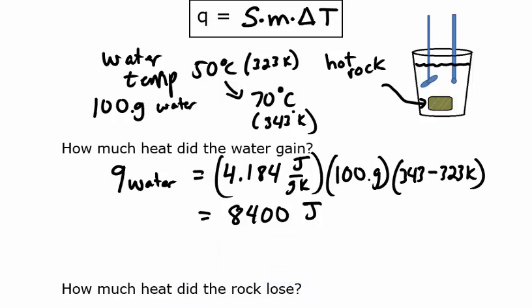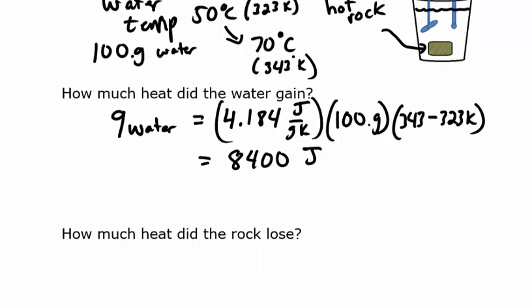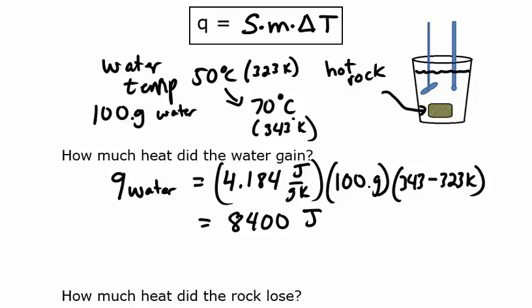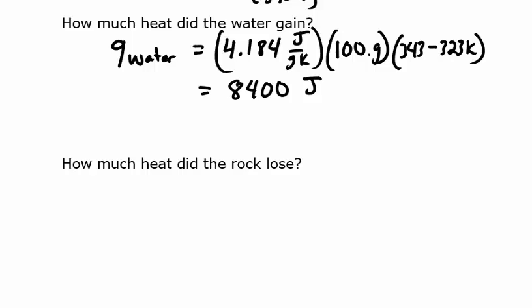But if we are interested in the rock, we want to know how much heat the rock lost. Okay, well, if we're assuming this container is completely insulated, then the amount of heat that the water gained is the same as the amount of heat that the rock lost. Okay, so we can say that Q for the system, which is our rock, is opposite sign, negative, for the Q for the water.